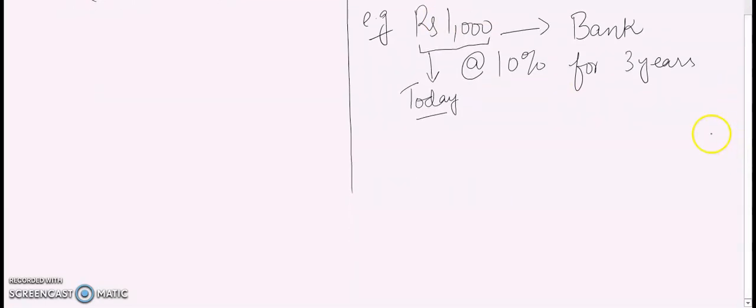So from the name, the word present value indicates that it's something today, this is something in the future. Let's see, what will you get after 3 years? Time 0, time 1, time 2, time 3. Years. These are the years.